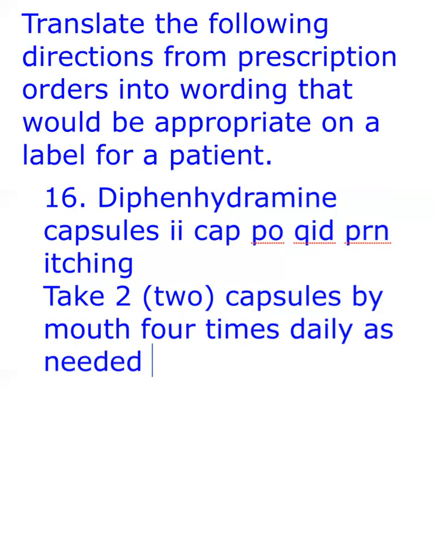As needed for itching. And that would be our translation in words, how we would write that onto a prescription label. Again, you wouldn't put the parentheses too. You either would write the number 2 or the word 2 on the prescription.